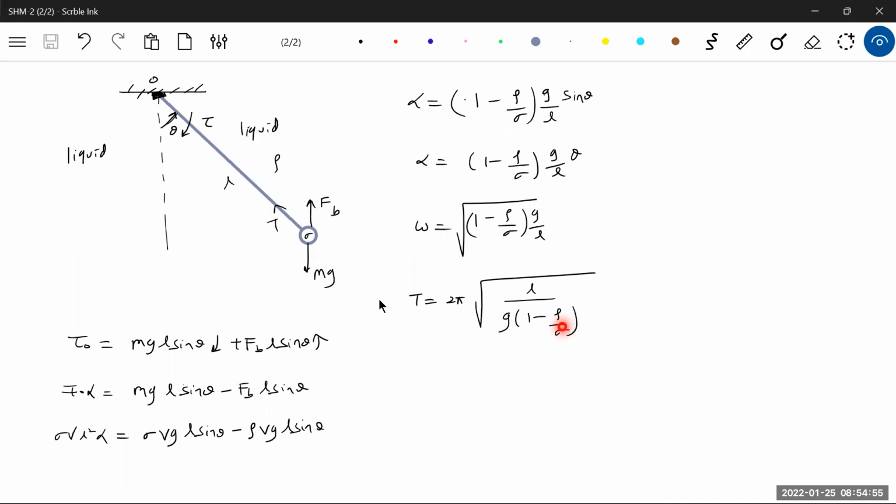Okay, fine. There's one formula which, if you remember, will make it much easier. What is rho? Rho is the density of the liquid.